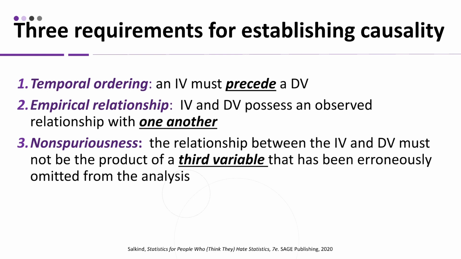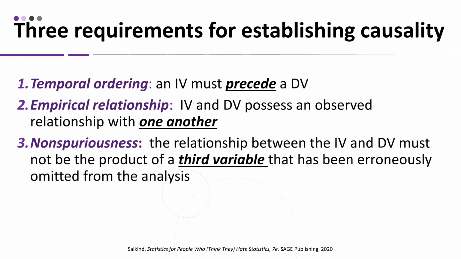Same with time, for instance, because there isn't going to be any type of variable that's going to determine demographics or determine time. Those are pre-existing, so those are going to precede any type of dependent variable that you would look at. Empirical relationship, we have to see this relationship. This isn't obviously just a theoretical thing, but we have to have this observed relationship that we see actually happening when looking at these different values.